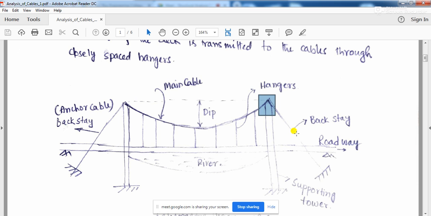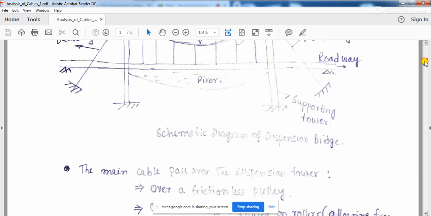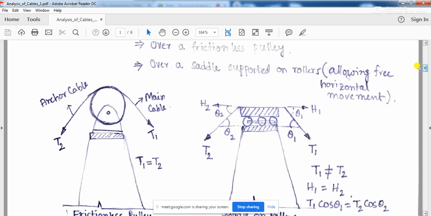In case of a pulley, whatever tensile force is in the main cable, the anchor cable will have the same amount of tensile force.